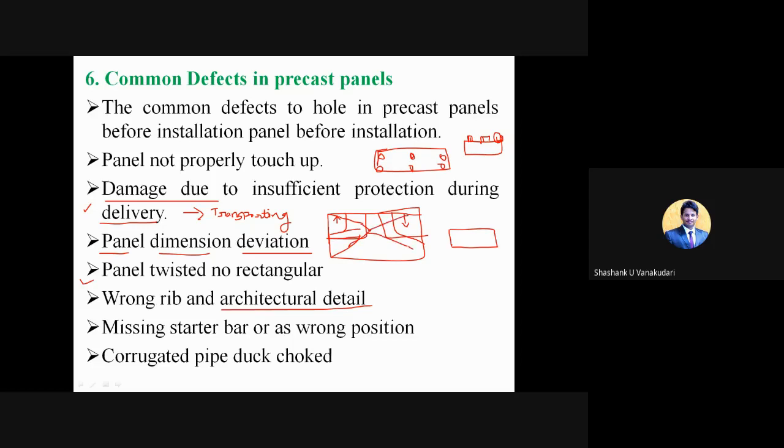This is where we are going to provide the joint for these elements just to erect them. So we need to provide these ribs as per the architectural detail. If some mistake happens in the architectural design, it is going to affect the erection purpose, right? So these are the general defects we can see in these precast panels.